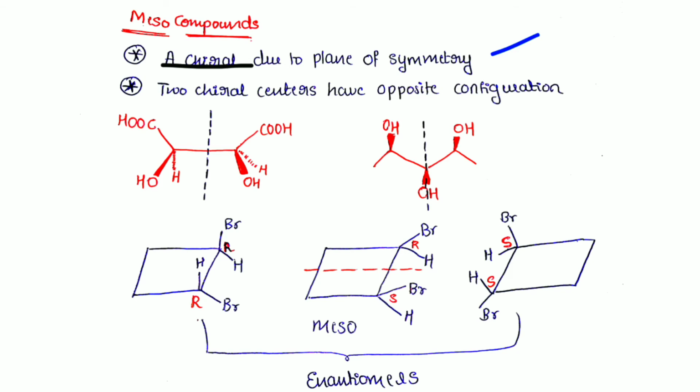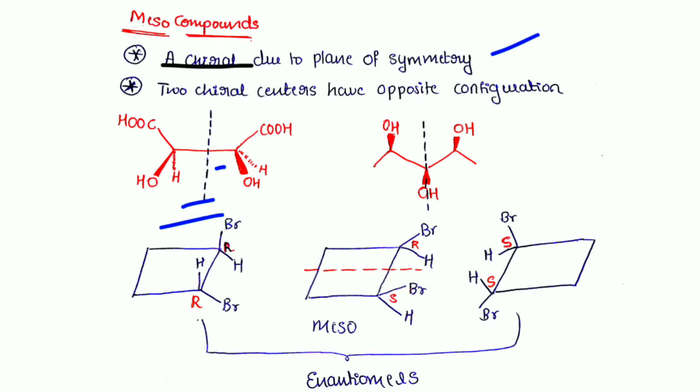Okay, like in this example, it is meso tartaric acid, with four groups attached and arranged on a stereocenter. But because there is a plane passing through the molecule which can divide it into two equal halves, it is achiral in nature.